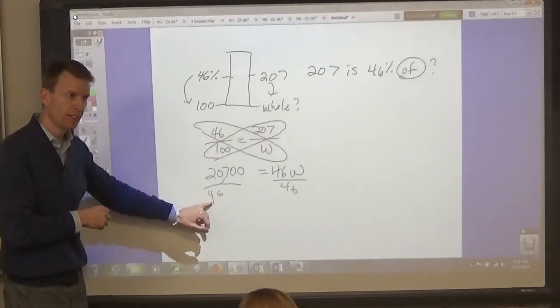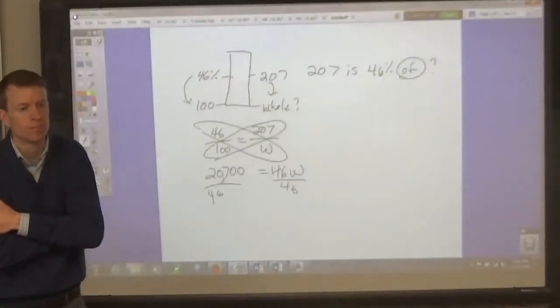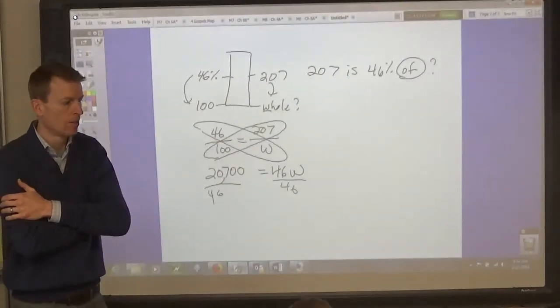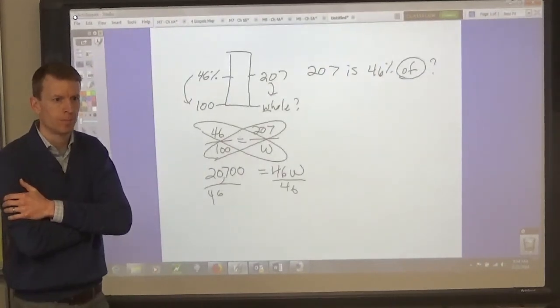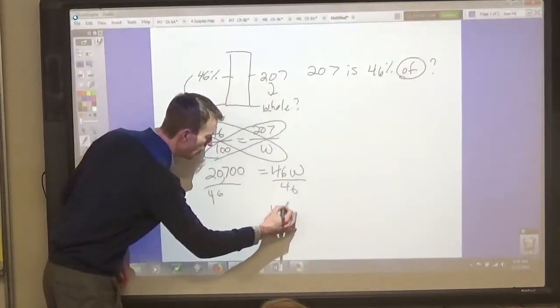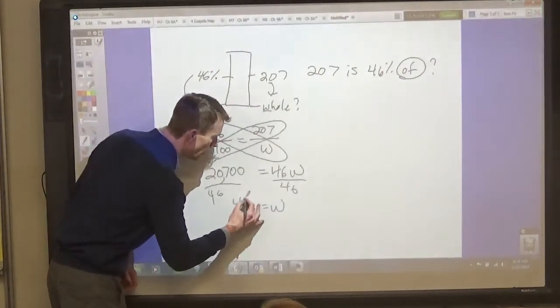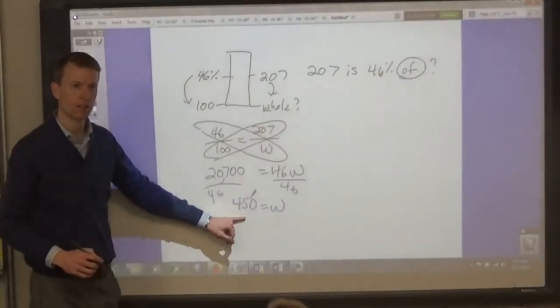20,700 divided by 46. 450. So W equals 450. And is that 450%? Look on the model.